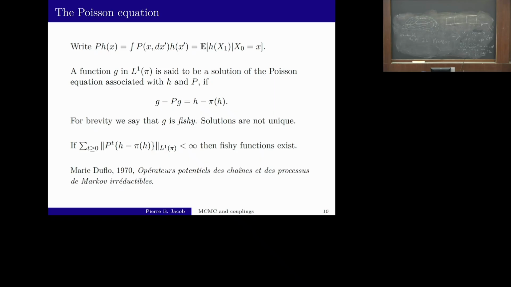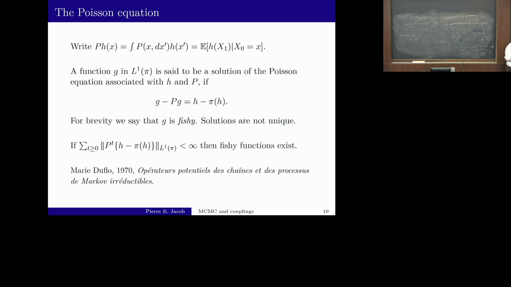So you give yourself a test function h. This is a centering, right? You subtract the target expectation. And g is a solution if g minus the conditional expectation of g after one step is equal everywhere to that function.